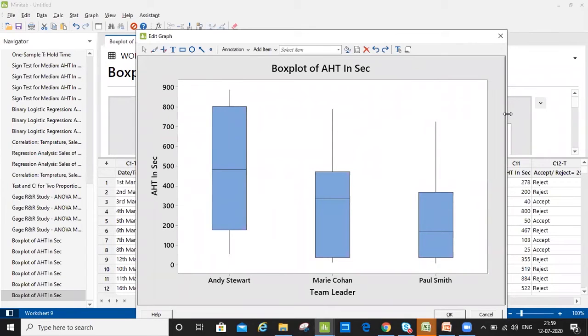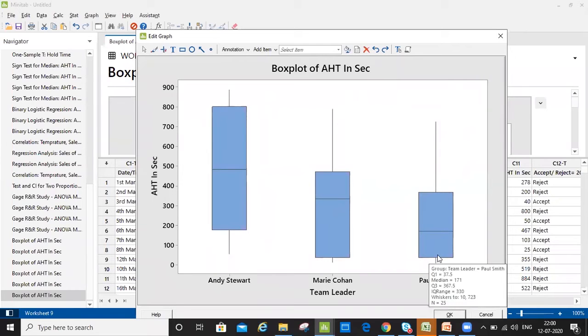Now if I ask you a question, which team leader has less variance? Paul Smith. Please explain so that everybody can be on the same page. So for Paul Smith, let me help with the numbers so that everybody can see.